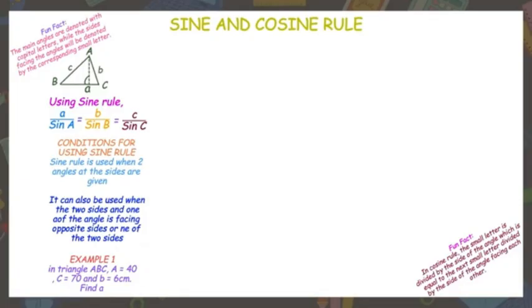In triangle ABC, angle A is equal to 40 degrees and angle C is given as 70 degrees and b, that small letter b, is given as 6 centimeters.